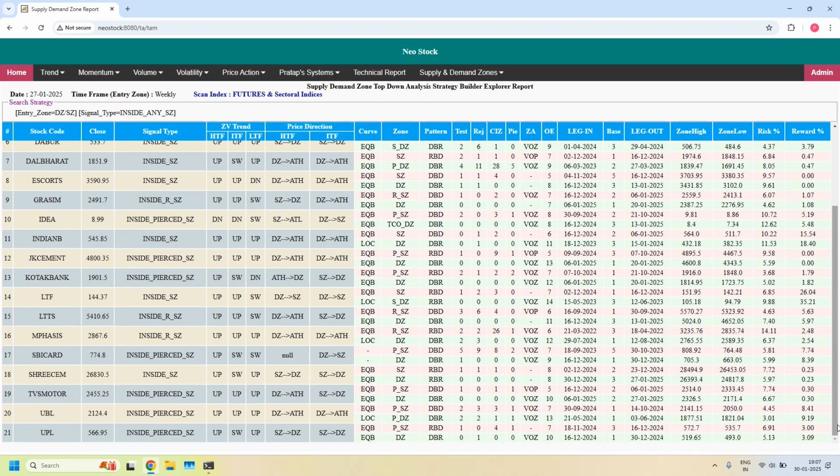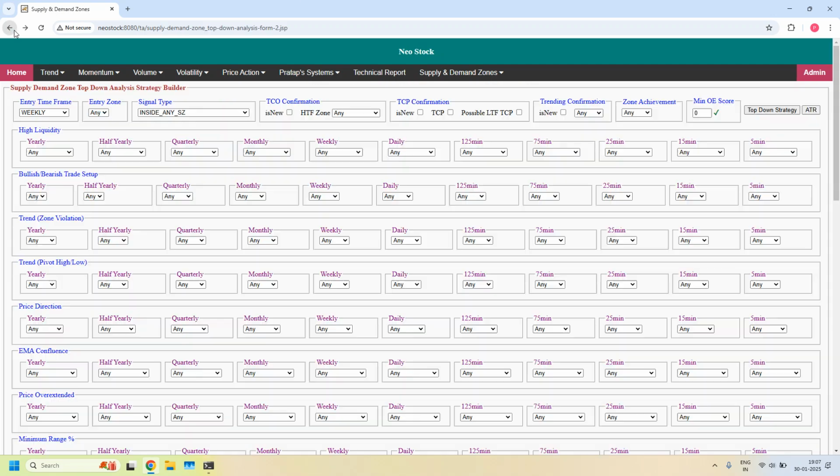Out of these 21, how many are having weekly EMA confluence? The weekly supply zones having weekly EMA confluence. Let us find. In the EMA confluence at weekly time frame, I am setting the filter weekly supply zone having weekly EMA confluence, and trend at weekly time frame I am setting up or down with these filters.